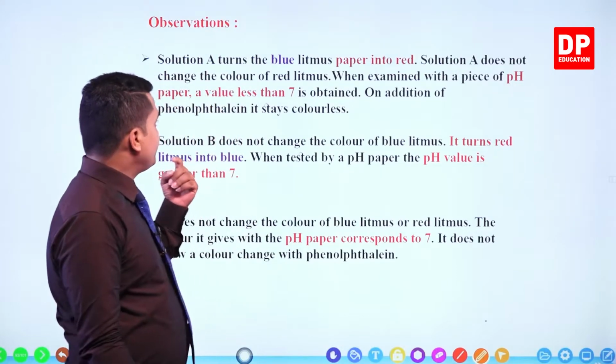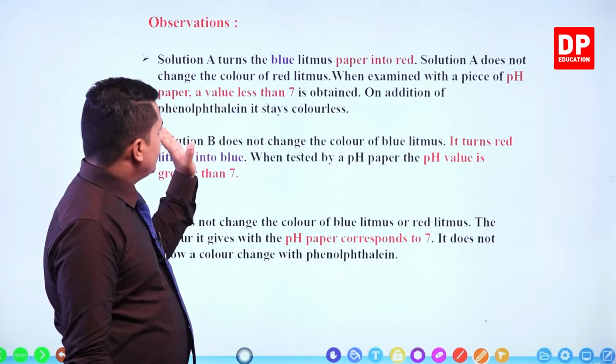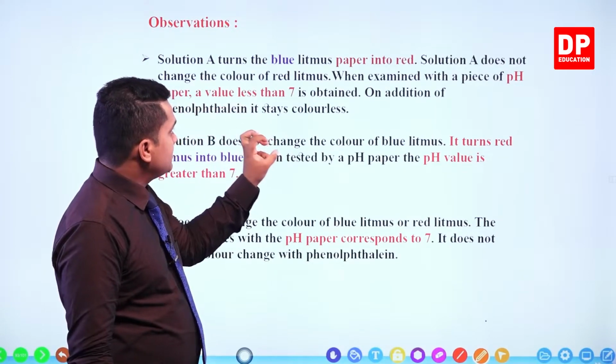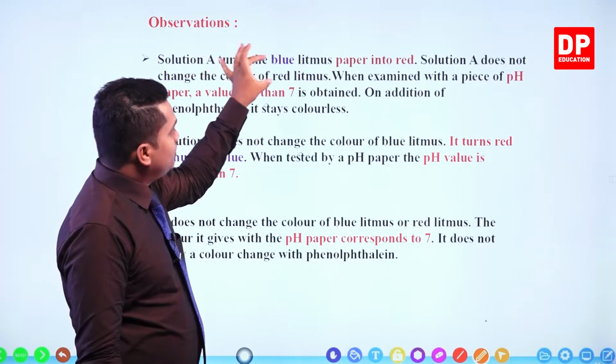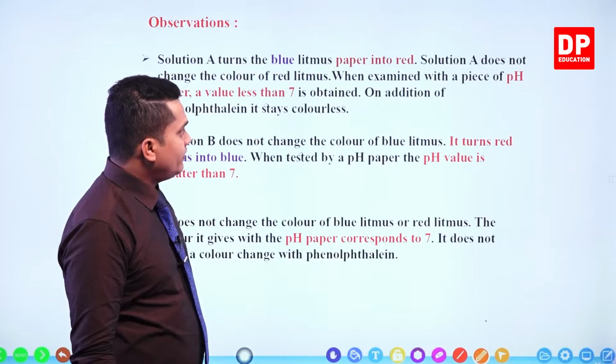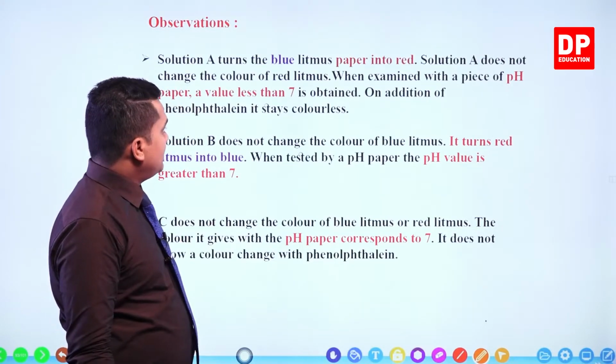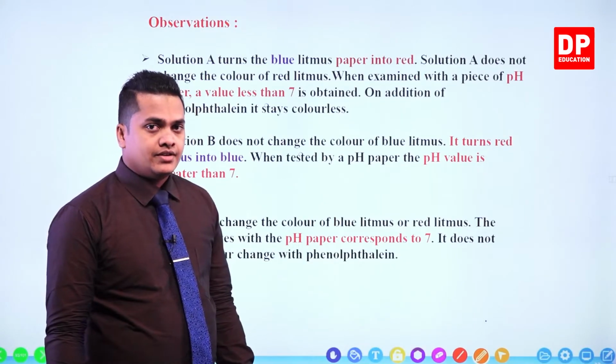So here it is given, the solution A does not change the color of red litmus. Solution A turns blue litmus into red color. When examined with a piece of pH paper, a value less than 7 is obtained.